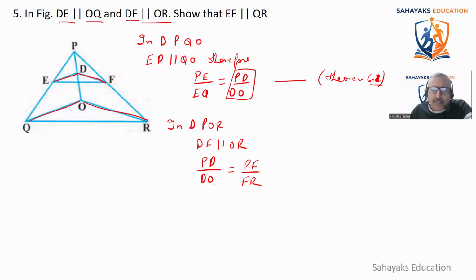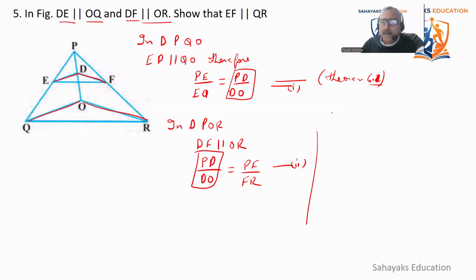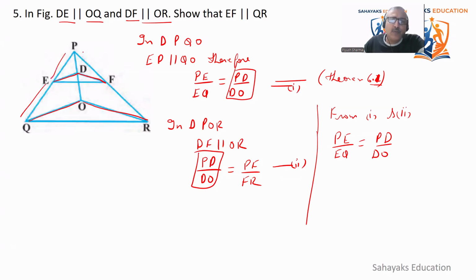If I take this as equation 1 and this is equation 2, from 1 and 2, we can say that PE divided by EQ should be equal to PD divided by DO, right? So PE divided by EQ should be equal to PF.